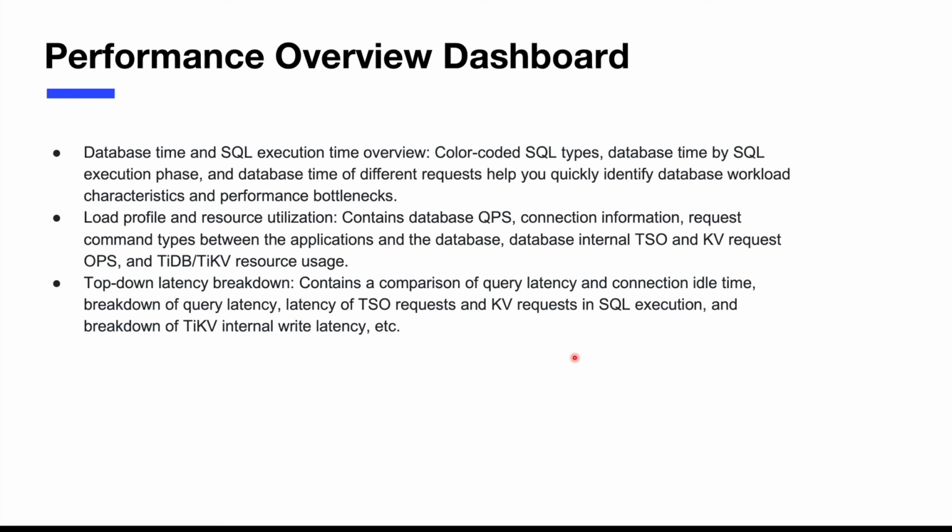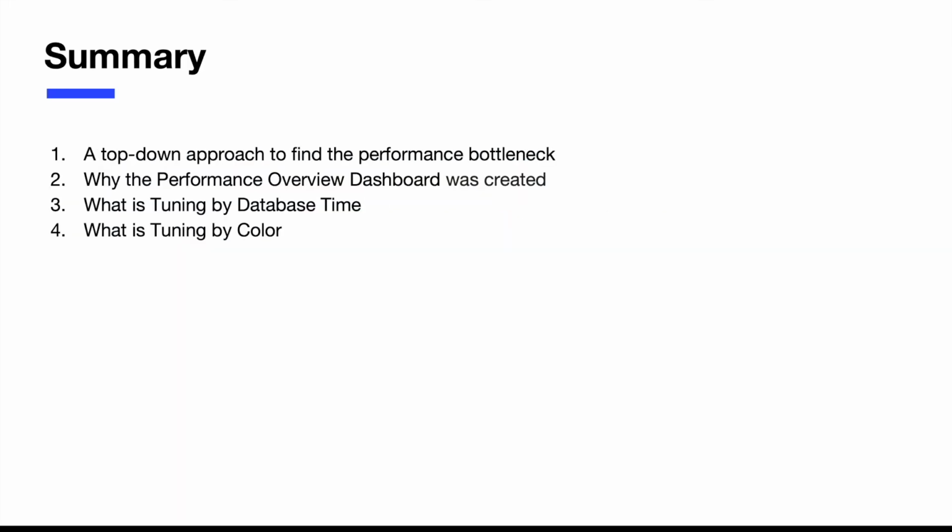And then comes the load profile and resource utilization, such as QPS, request command type between the application and the database, and the database internal TSO and KV request OPS, or the CPU utilizations. The last part is top-down latency breakdown, which contains a comparison of query latency and connection idle duration.